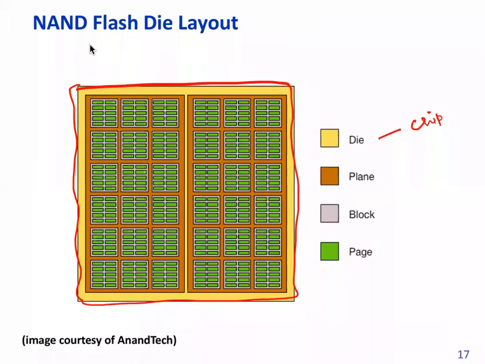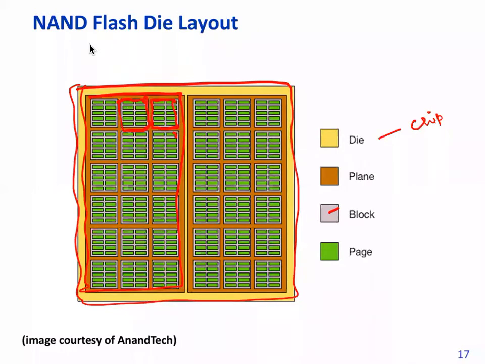One die consists of two planes, so there are two planes here. Each plane consists of a certain number of blocks. The blocks are shown in gray. So this is a block, and the next one is also a block. And each block consists of a number of pages.